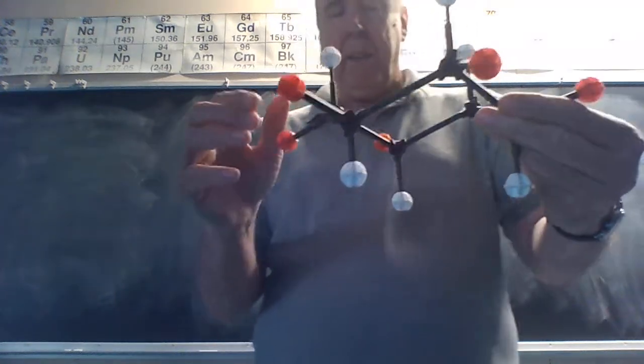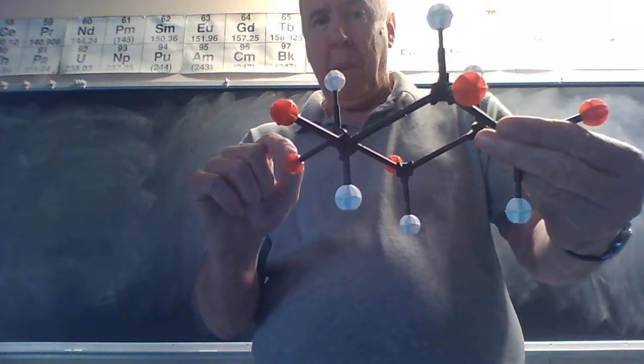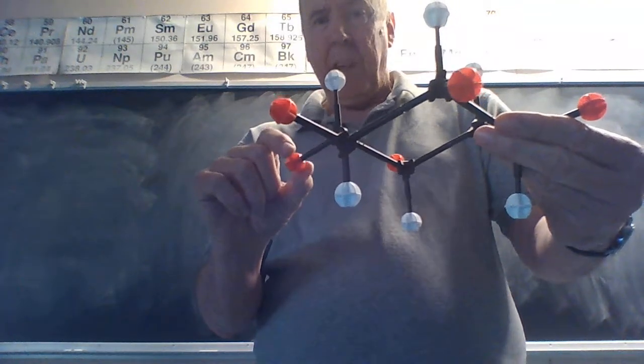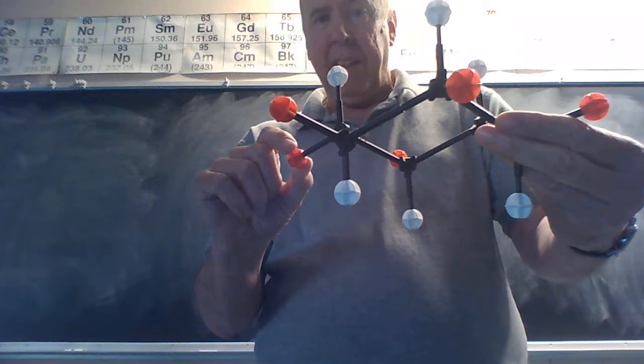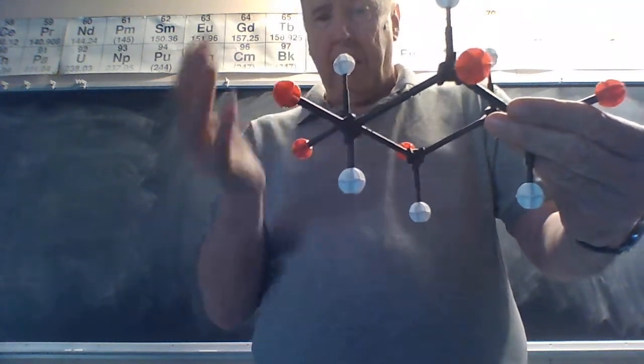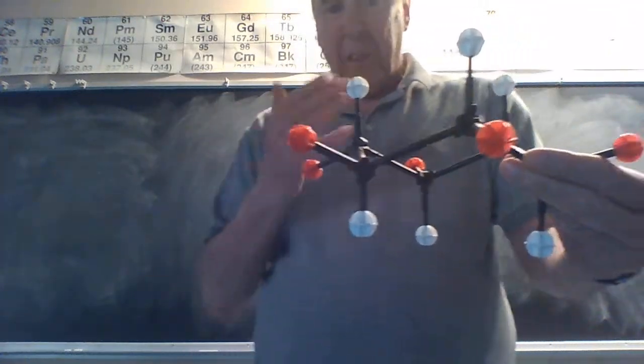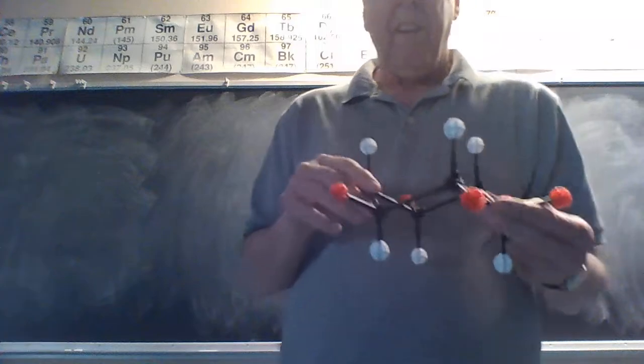And if we look at the equatorial one relative to the axial one on the next carbon, it's about a 60 degree dihedral angle also, and so that's also gauche.